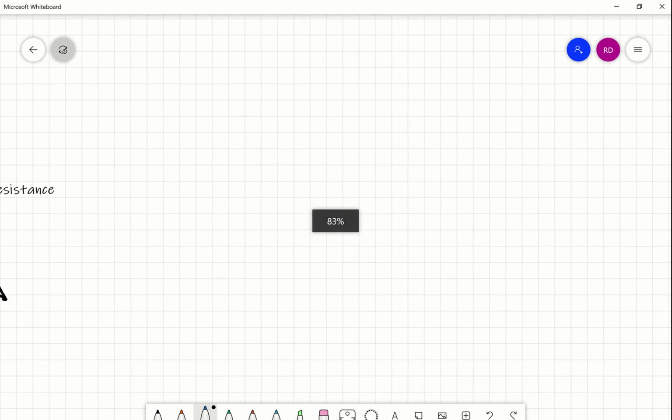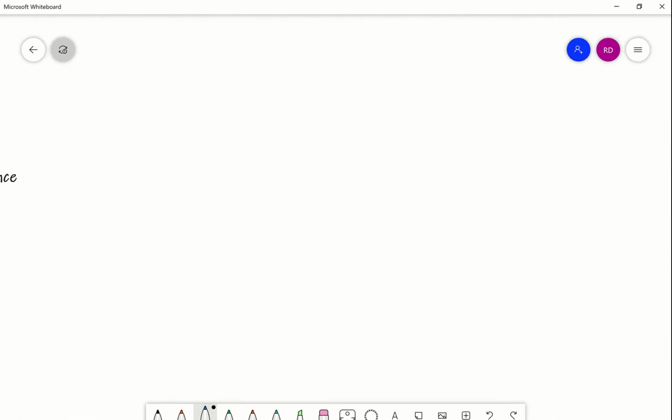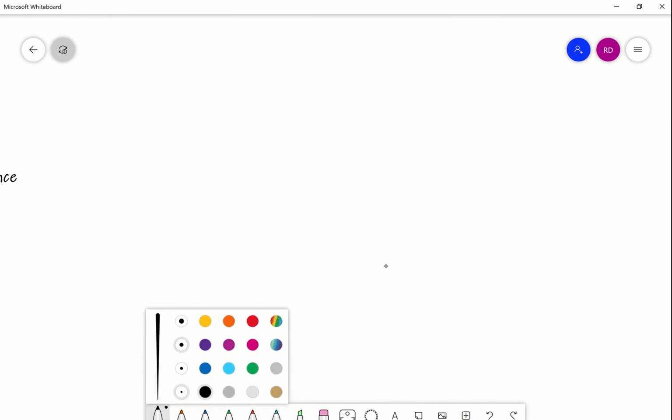So what I want to do is just draw out a circuit here. So it may be a little bit messy, so just bear with me as I draw it out.